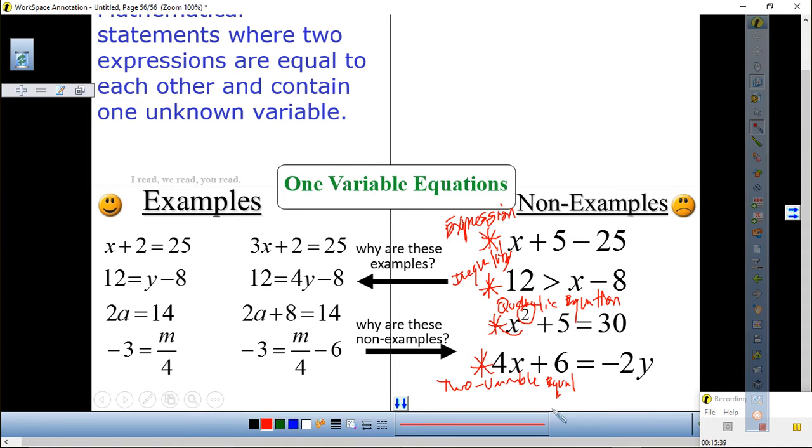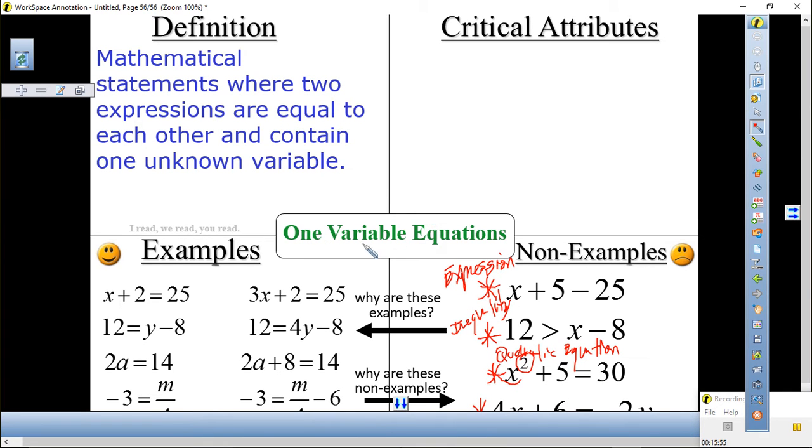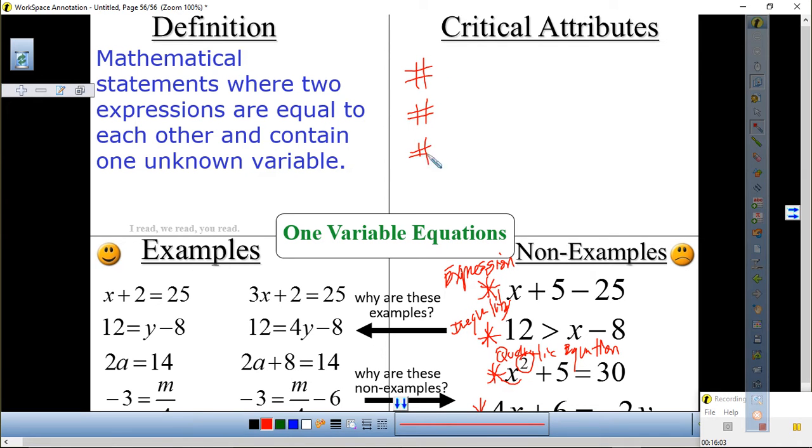Yes. Okay. Therefore, let's do some hashtags. What are three things that we need to know in regards to one variable equation? Tell your neighbor some hashtags. We need three of them. Okay, Charlotte, give us one.